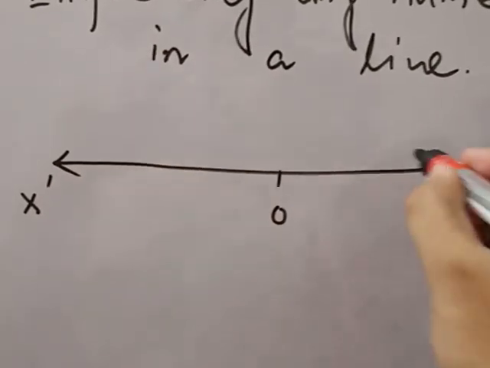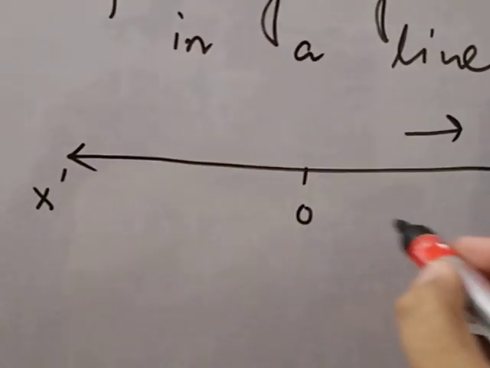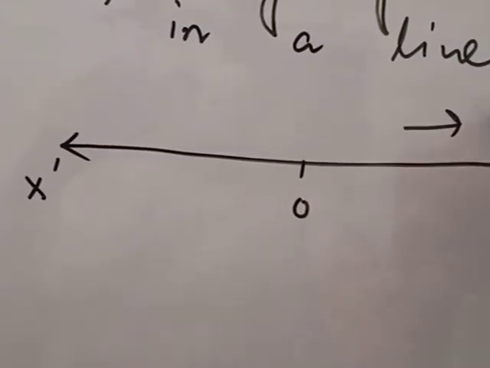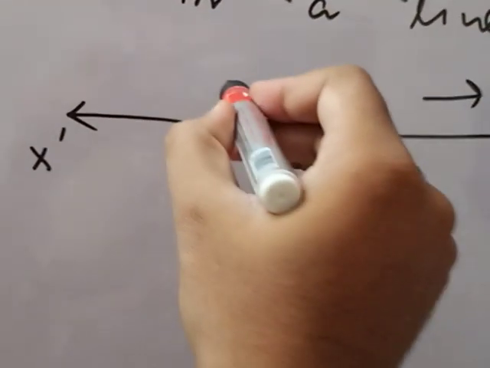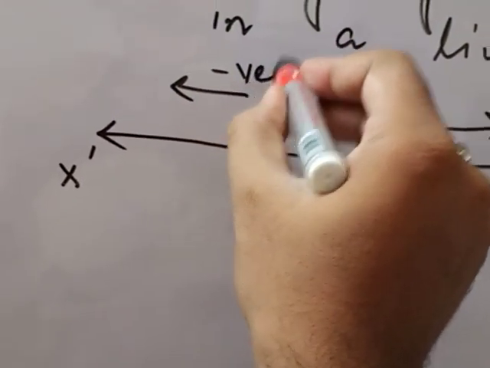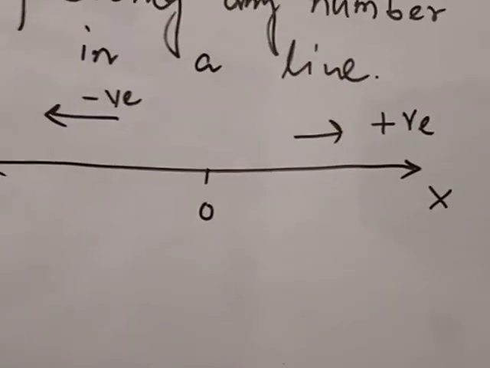Now the right hand side is for positive numbers and the left hand side for the negative numbers.